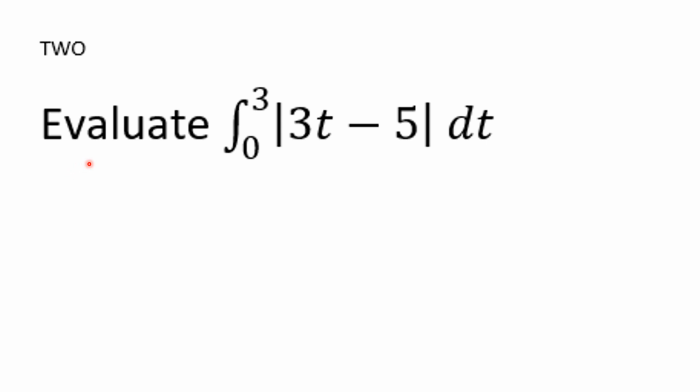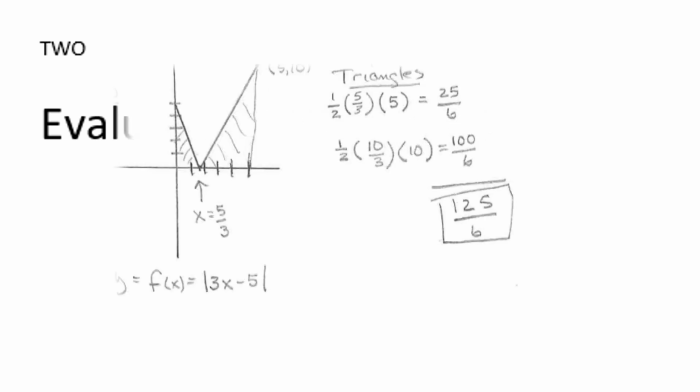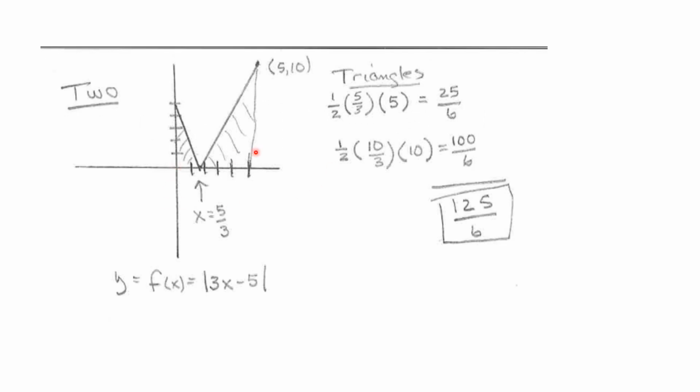The next problem involved evaluating a definite integral involving the absolute value. This time you get triangles and you add the areas and you will get 125 over 6.